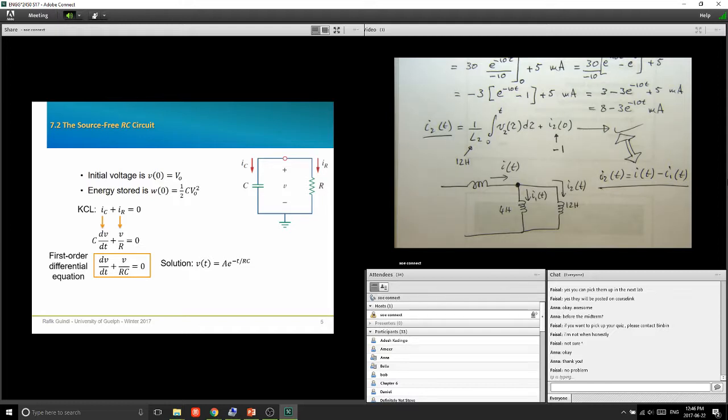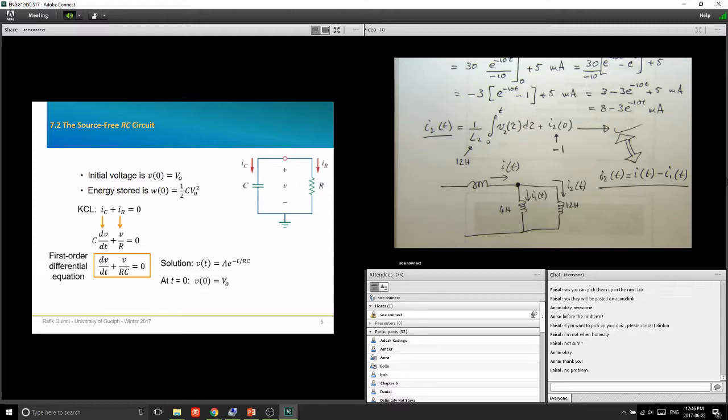You should go back to your math and see how we solve that. The solution for such an equation, V of t, takes the form of a constant A times e to the negative t over RC. That's the form of this solution.